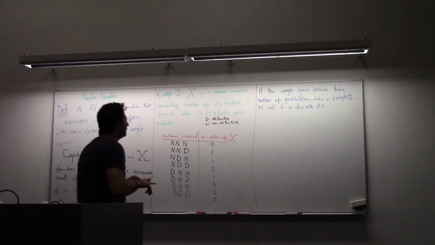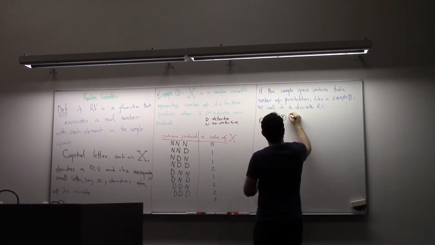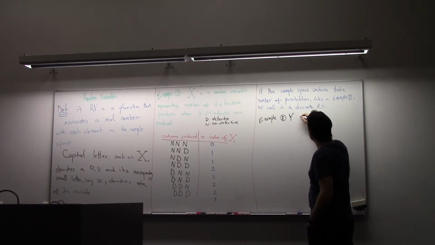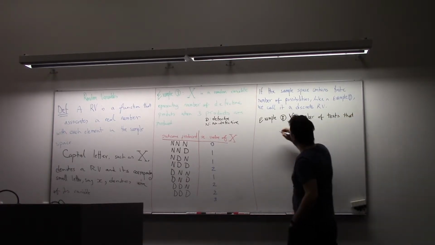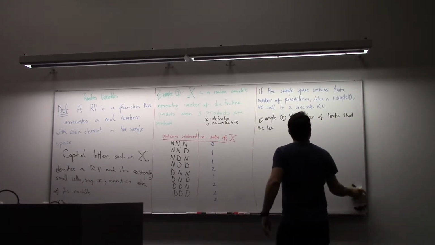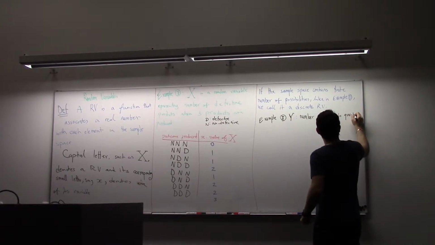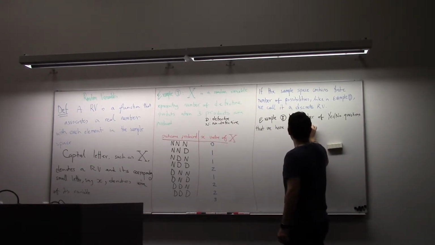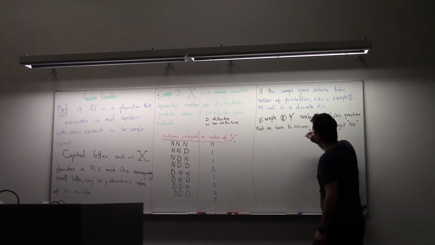Let's do another example. Y is a random variable representing the number of, well, let's say, yes/no questions that we have to answer till we get a no answer.